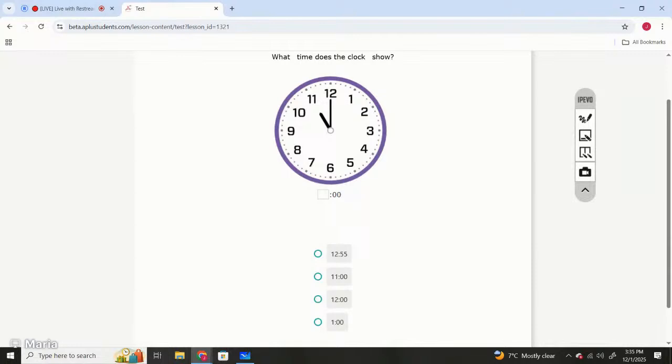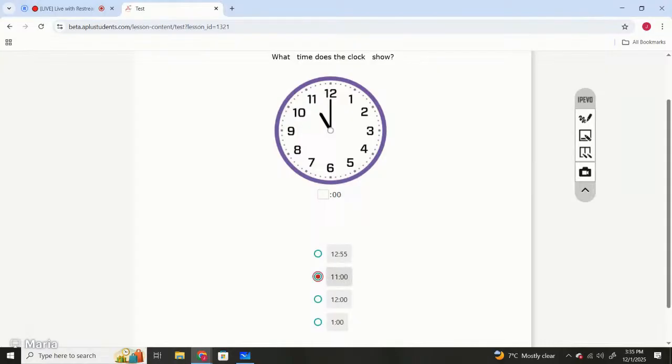What time does the clock show? That is 11 hours and 0 minutes.